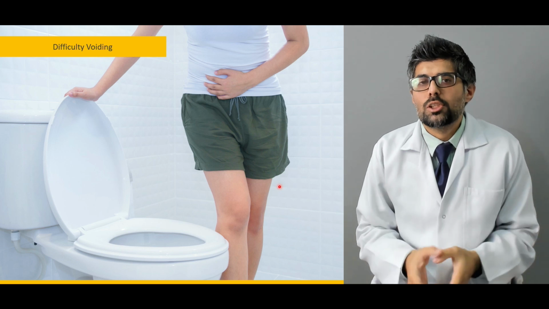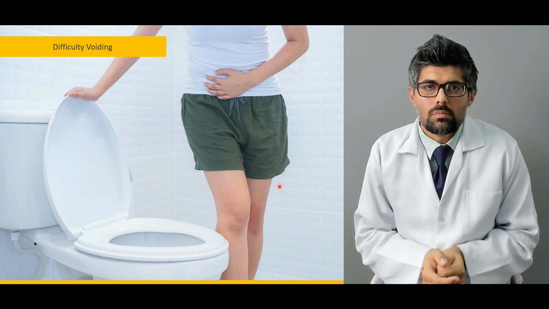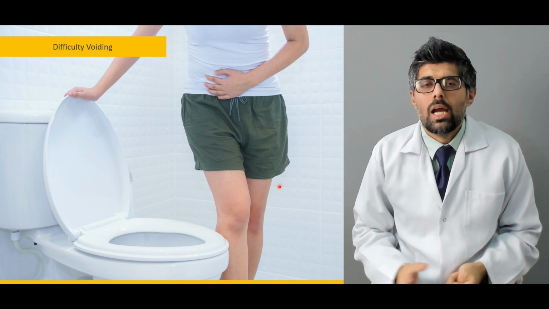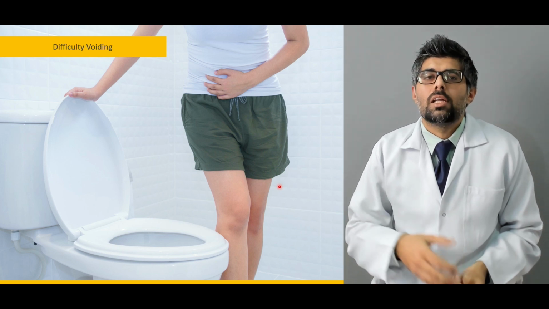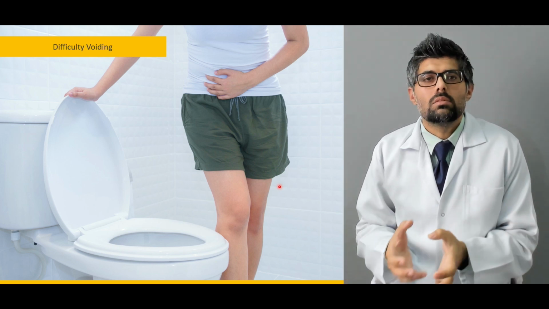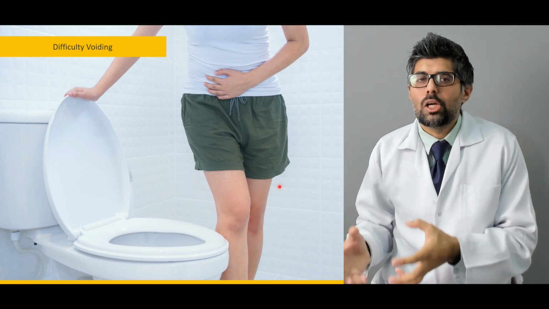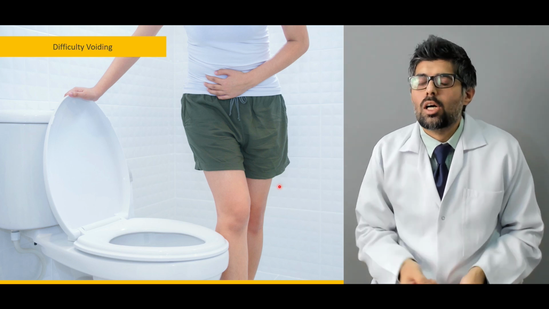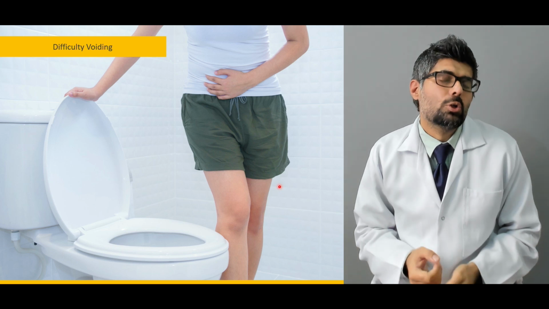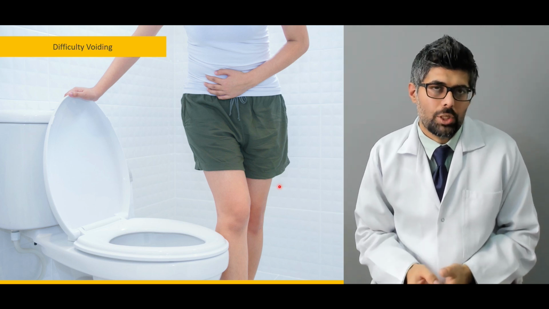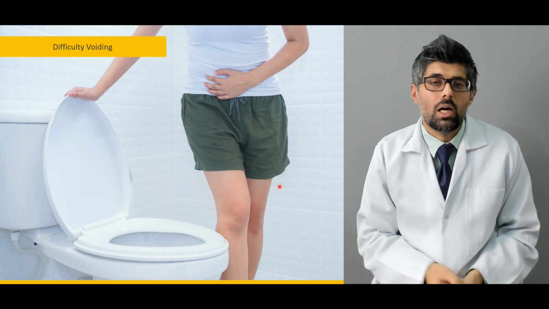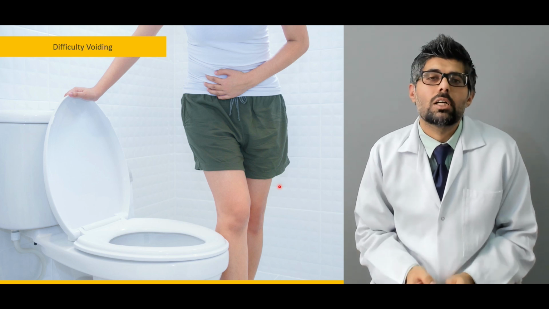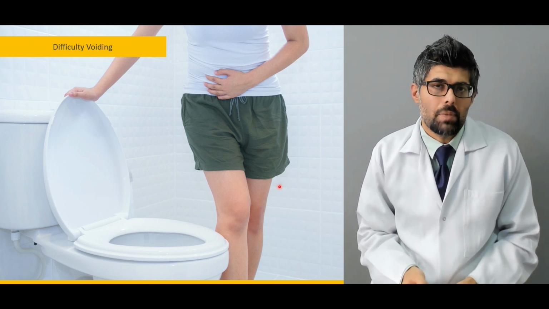Now, for the strictures in the urethra, urethrocystogram is performed, and if the problem lies in the prostate gland, we perform imaging relating to the prostate gland. But it must always be noted that the carcinoma of the prostate does not usually result in difficulty in voiding, but BPH, that is the benign prostatic hyperplasia, usually results in difficulty in voiding in older men.